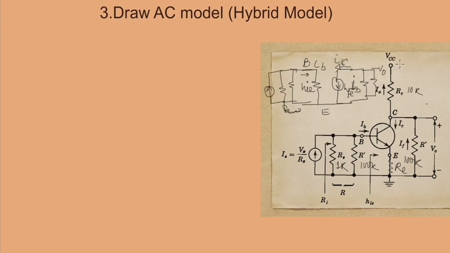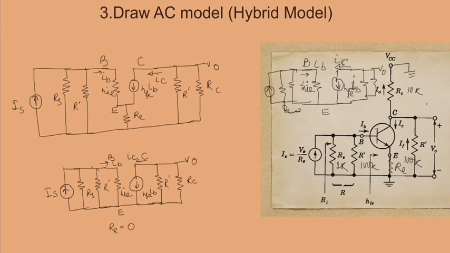To draw this circuit, we have to make this VCC 0. So when we ground this VCC, this RC comes in parallel to this R dash, right? So we have these equivalent circuits with us. The first circuit has Re and the second circuit is without Re. When there is no emitter resistance, when Re is grounded, the emitter will be directly grounded. Otherwise, we will have an emitter resistance here.